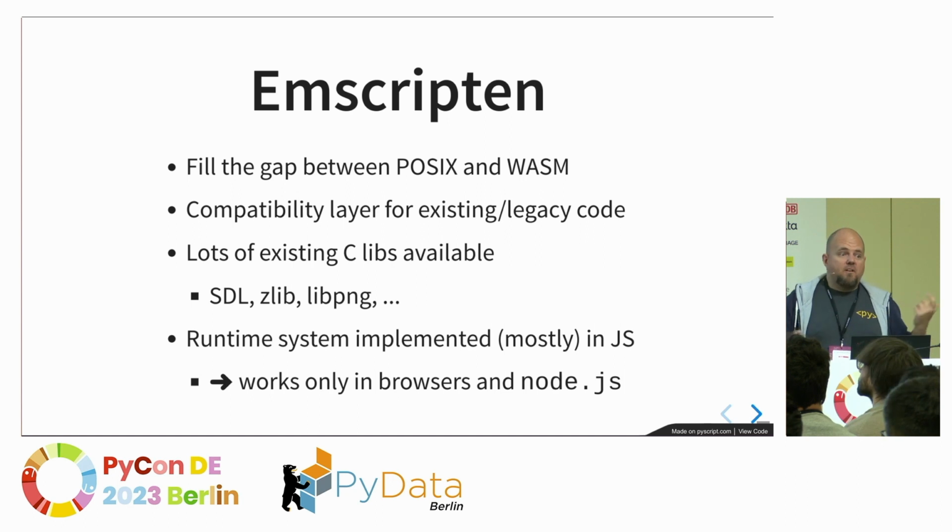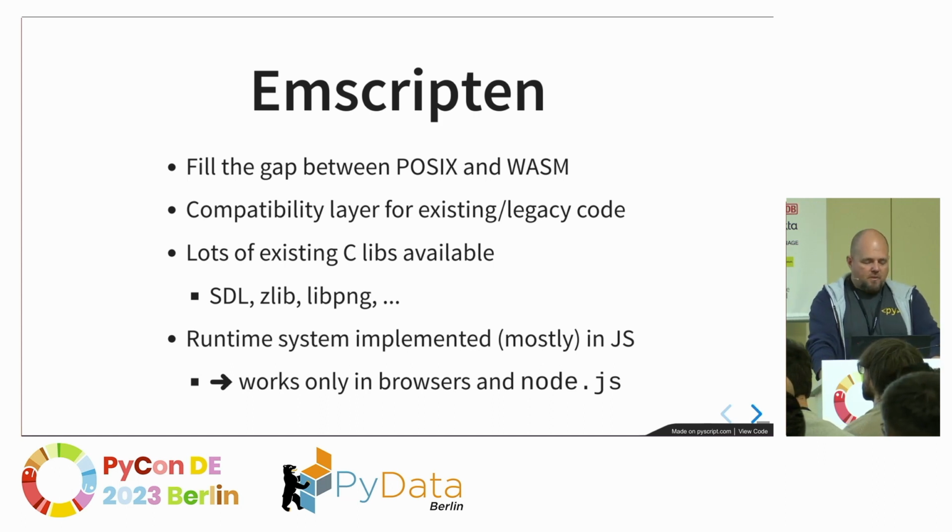But, for example, the file system is completely virtual, which means that when you instantiate your WebAssembly application from JavaScript, you decide what is inside the file system. This is a way, for example, to run Python. We will see it later.